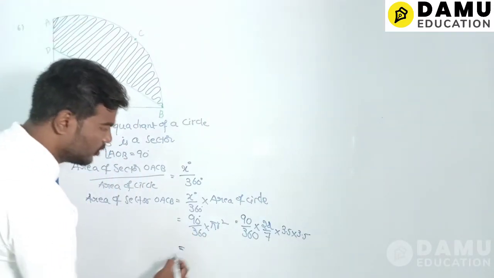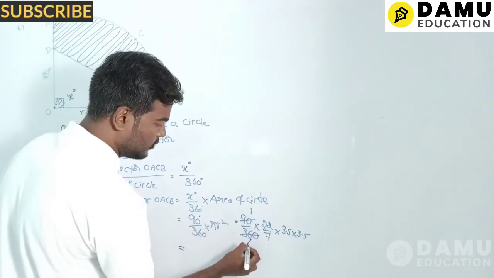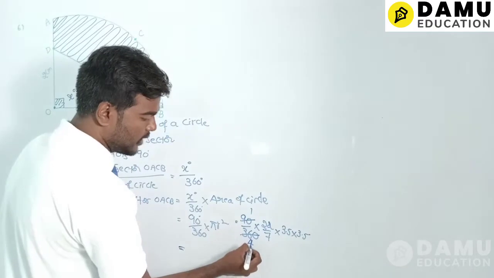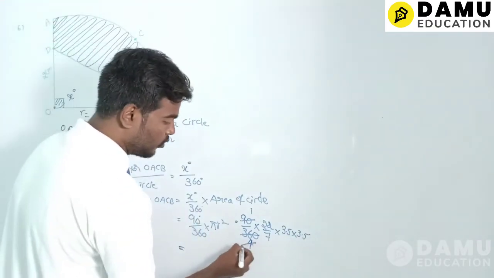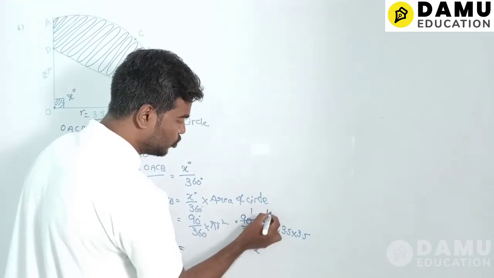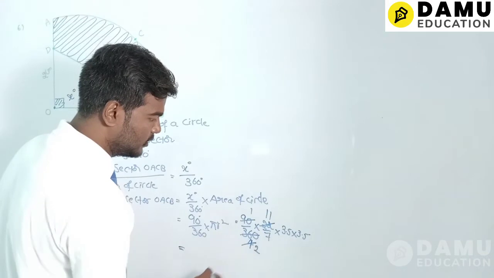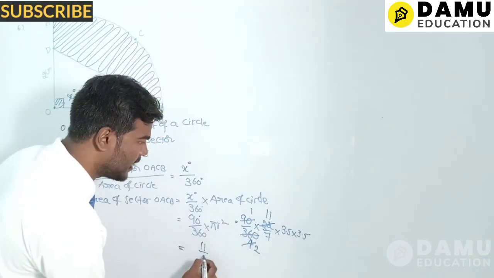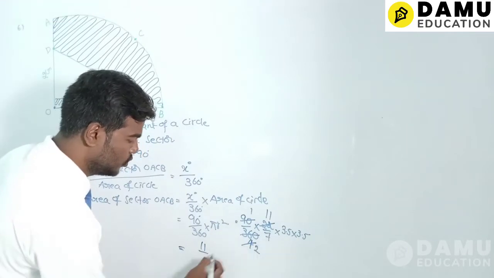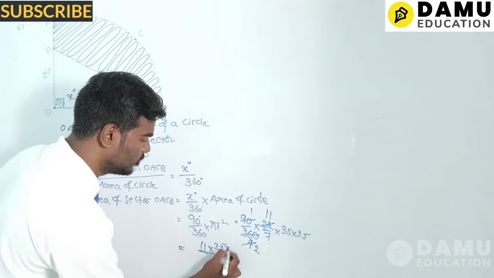So let's calculate. 9 ones are 9, 4s are 36, so 90 by 360 is 1 by 4. Then 4 2s are 8, 2 11s are 22, so 22 by 7 becomes 11 by 14 after cancelling. So 11 by 14 into 3.5 into 3.5.